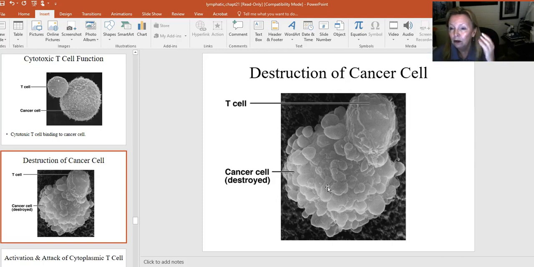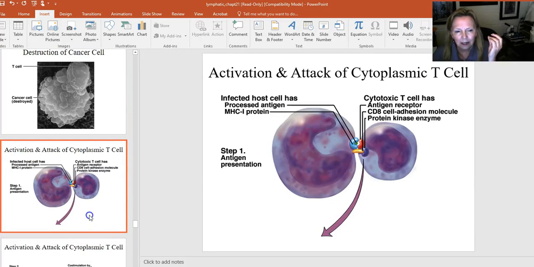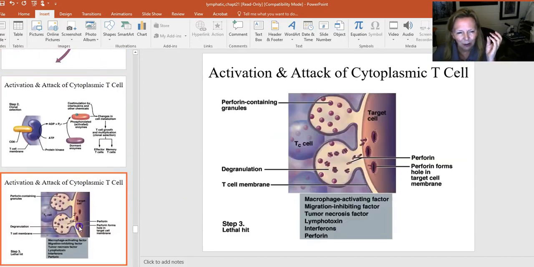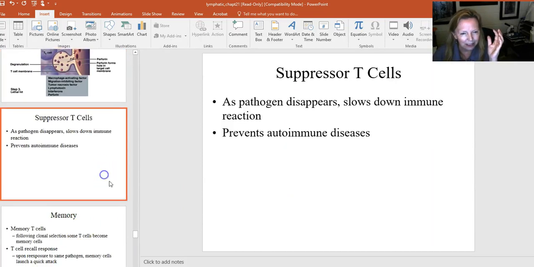But that doesn't mean we have cancer, because they're getting destroyed by strong immune systems. So that's going to be an important thing for you to see. They produce little products that actually destroy those cells.